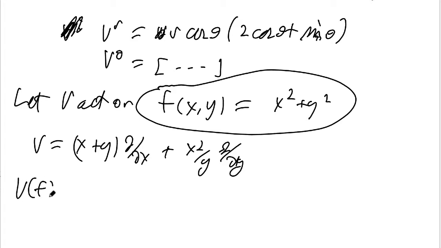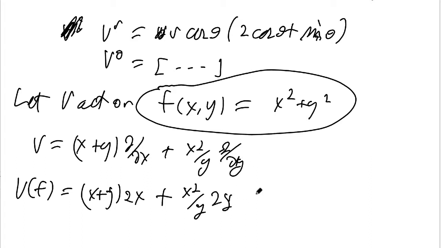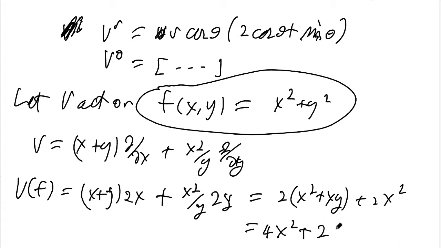So v acting on f is x plus y times the derivative of this function with respect to x, which is 2x, plus x squared over y times the derivative with respect to y, which is 2y. So that simplifies a bit to 2x squared plus xy, plus 2x squared from this term, which is 4x squared plus 2xy.